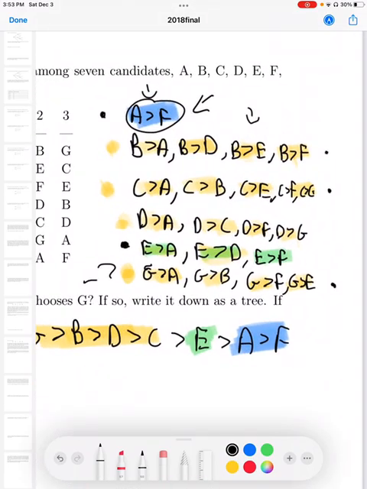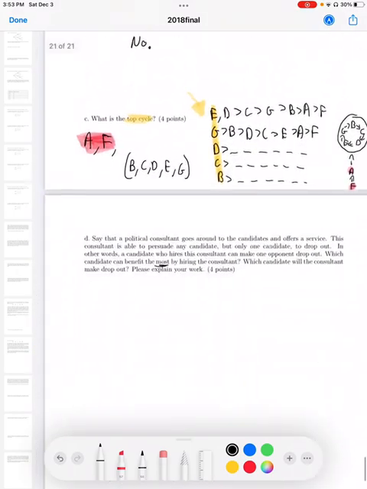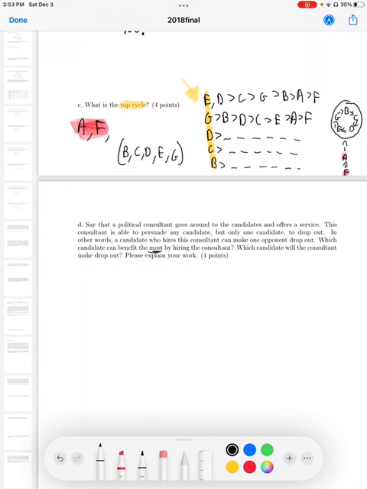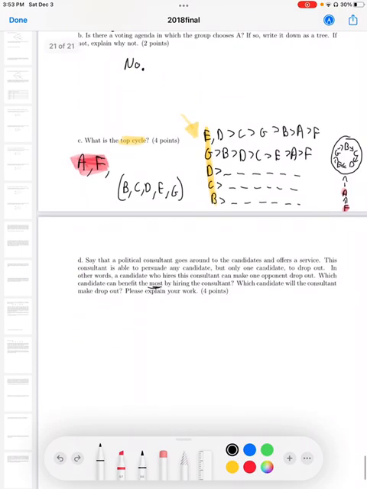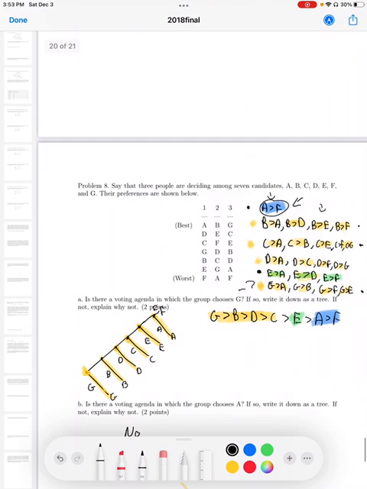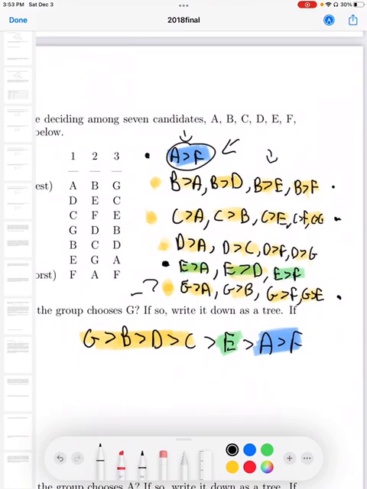Let's see. Yeah, so I think that's it. So B gets dominated by 2 other people, and C gets dominated by 1, just 1.